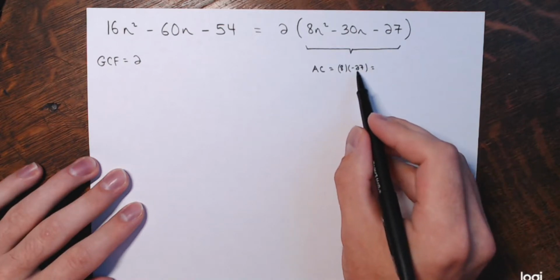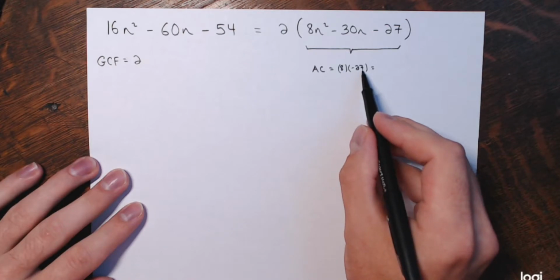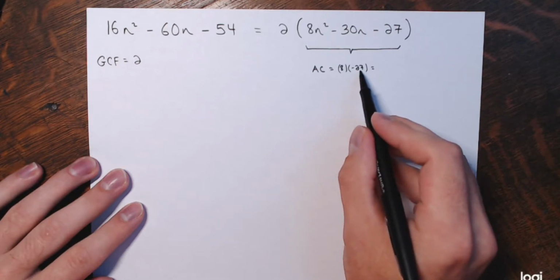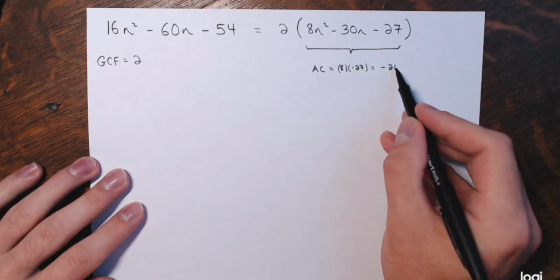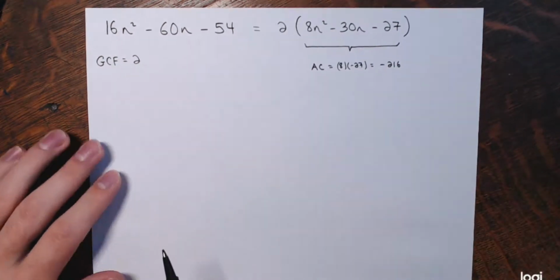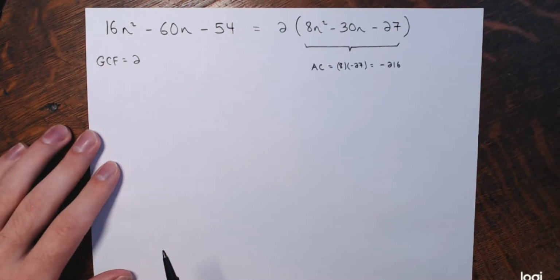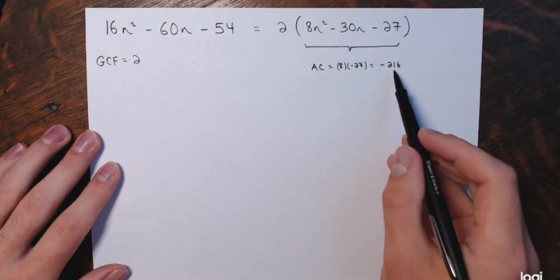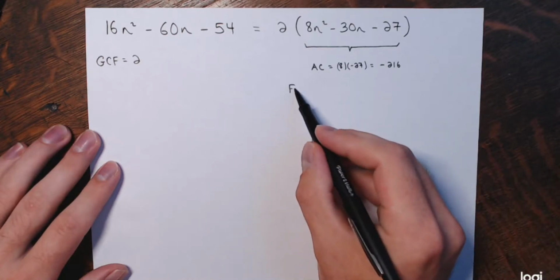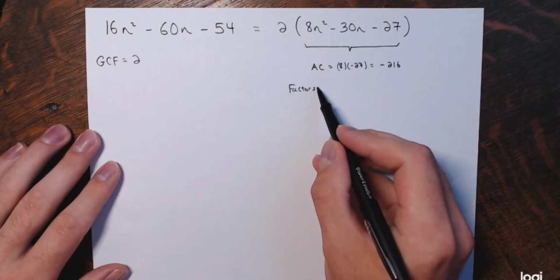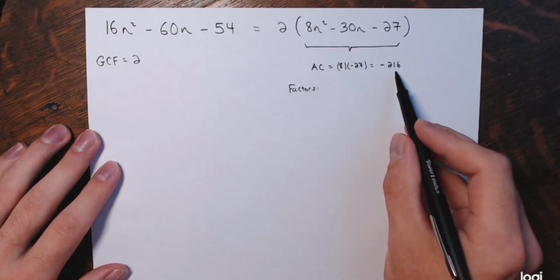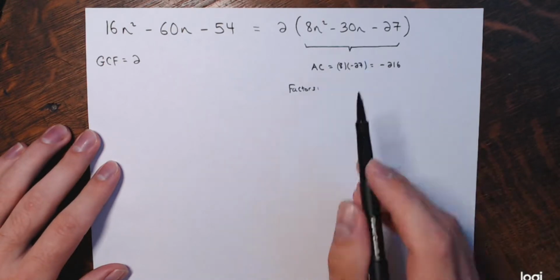Let's see, 8 times 20 is 160. 8 times 7 is 56. So 160 plus 56 is 216, negative 216. Yeah, 160 and 56. Now I'm trying to think of a pair of factors of negative 216 whose sum is negative 30.